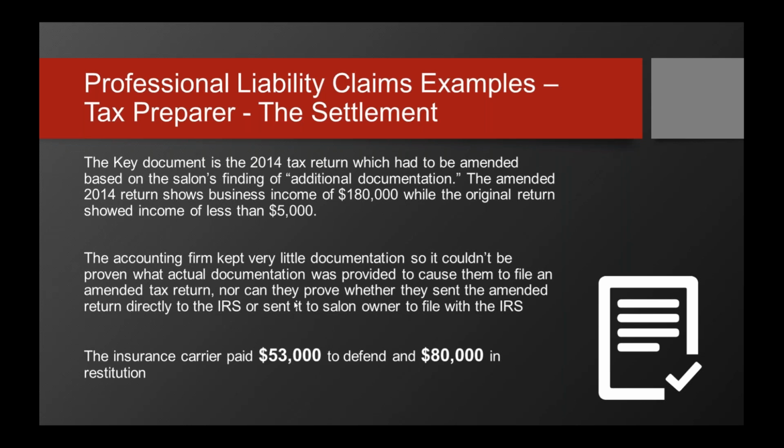And sure enough, it wound up being a suit, and an insurance carrier wound up paying over $130,000 for defense and restitution. So something simple like that. And maybe it was really a mistake that they just initially put $5,000. It really was $180,000, but there's no proof of that. So when someone loses money, they're looking for someone to blame. And in this case, our accountant was the one to blame. So really basic example, but something that makes sense.